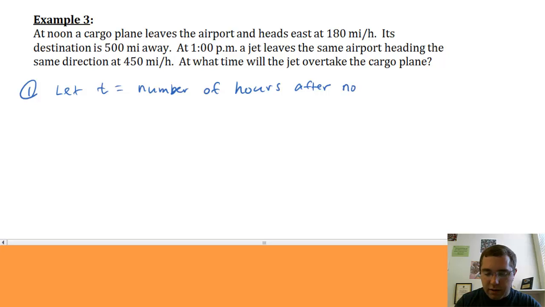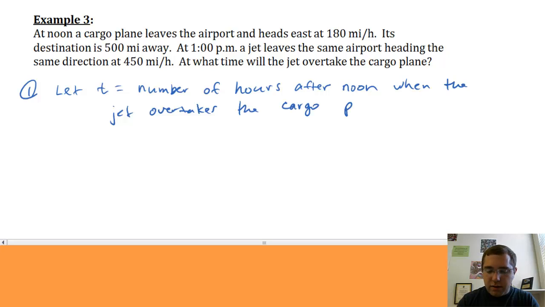After noon, when the jet overtakes the cargo plane. That's what we're trying to find, so that's what we call our variable.